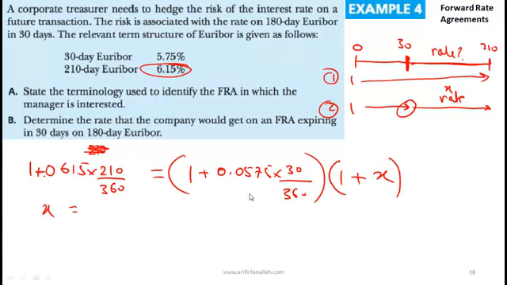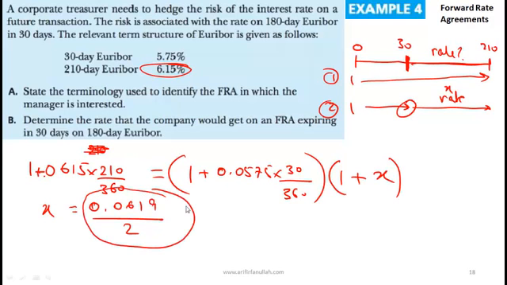So when I figure out X, I'm taking a shortcut here, X is equal to 0.0619 divided by 2. This number represents a 180-day rate. How do I annualize this?